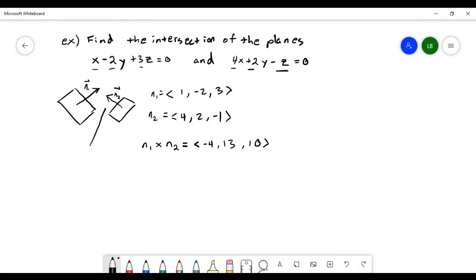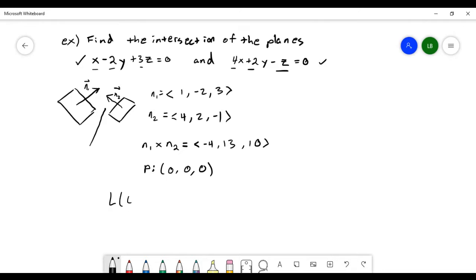The other thing we need to describe the equation of a line is a point on the line. And that would have to be a point on both of the planes. Using just the guess and check method, you can see that the origin is on both planes because if you plug in zeros for all the components, this equation works out and this equation works out. So it's on the intersection of the planes.